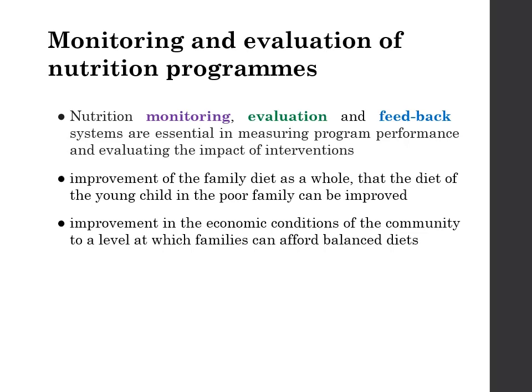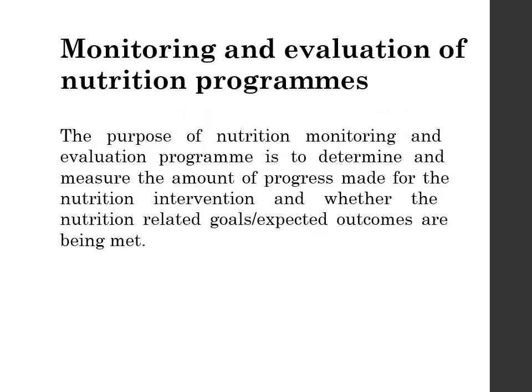Monitoring and evaluation strategies and activities mainly focus on these objectives. The purpose of the nutrition monitoring and evaluation program is to determine and measure the amount of progress made for the nutrition intervention and whether the nutrition related goals, objectives, and expected outcomes are being met.